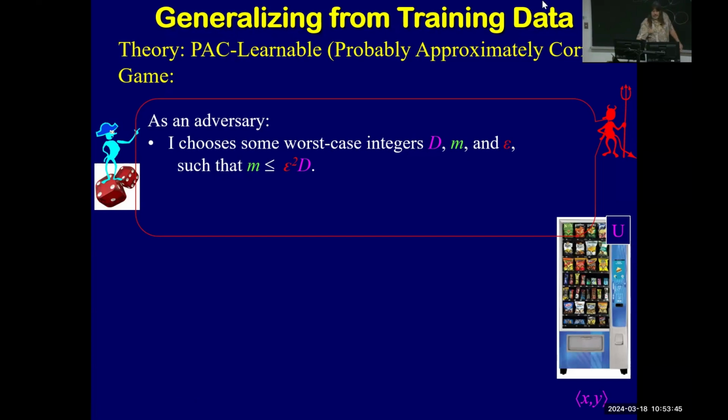Epsilon will be some little teeny number about accuracy. And what we need is this relationship: the number of bits you need to describe the machine is way less than the number of training data. The adversary gets to choose these things.